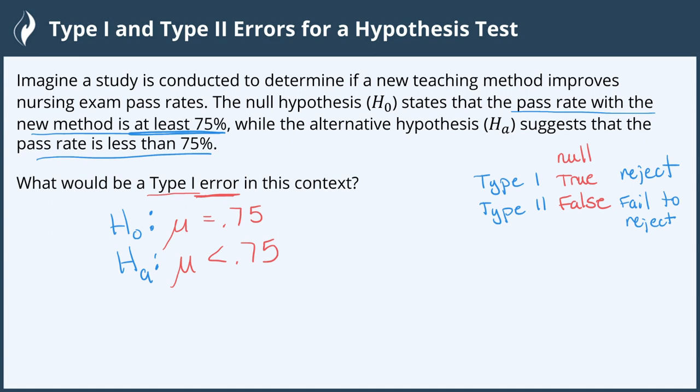Let's go ahead and put that into words now. The type 1 error would be that we accept the alternative hypothesis, and the alternative hypothesis is that the pass rate is less than 75%.